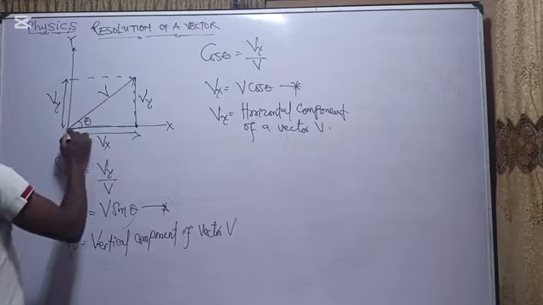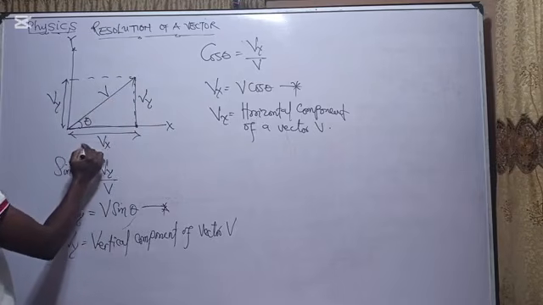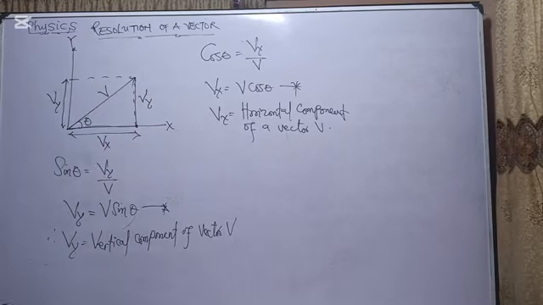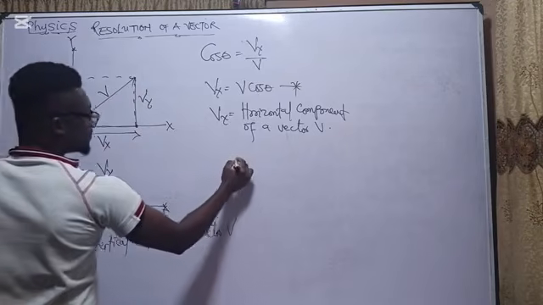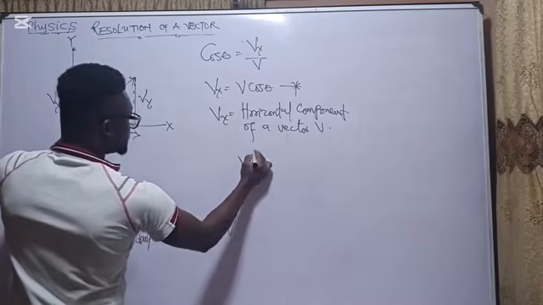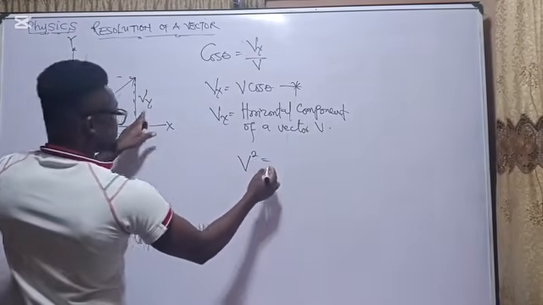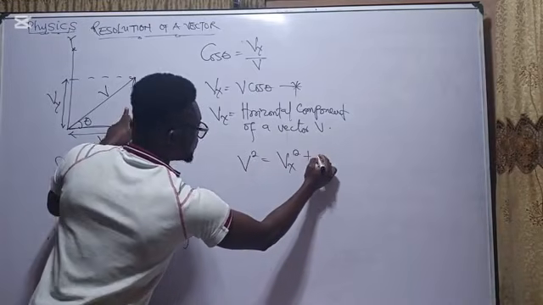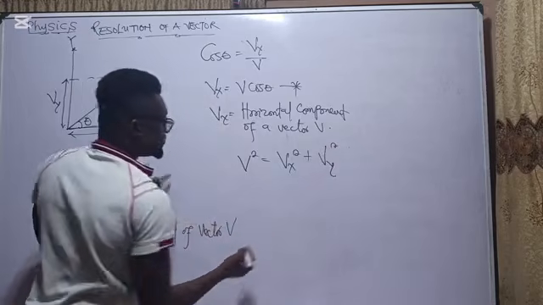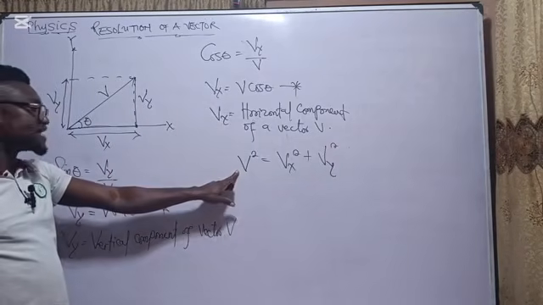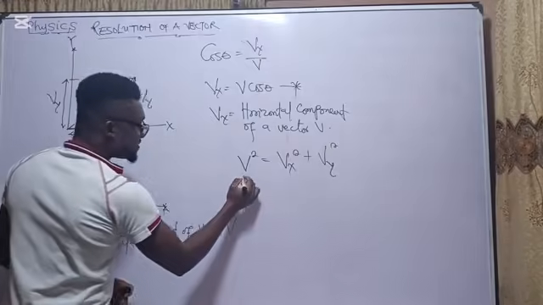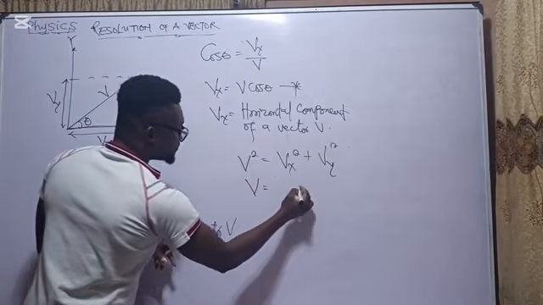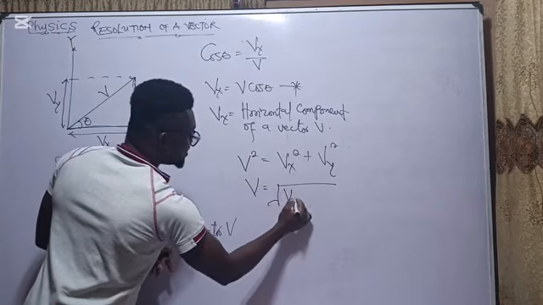Now look at, we have a right angle triangle here. If you employ Pythagoras theorem, then we are going to get V squared, which is the hypotenuse squared, equals adjacent squared plus opposite squared. So for you to get back the resultant vector, as in the single vector, you are going to have this.